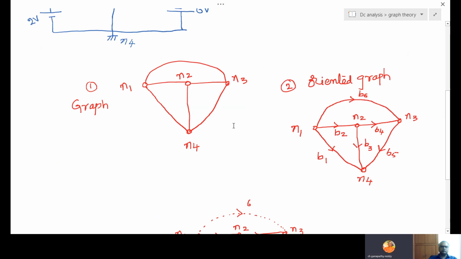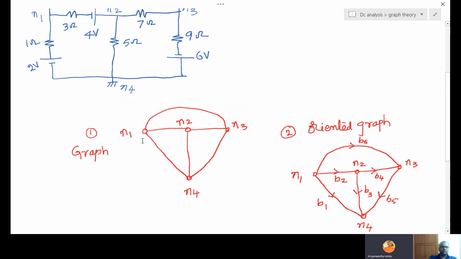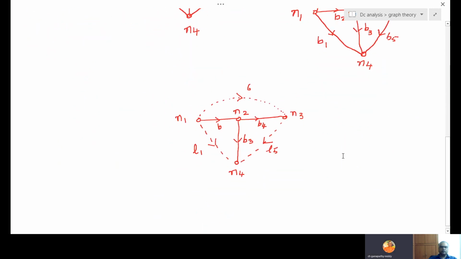Now the graph is same. Oriented graph also same. Tree also same. Third step, tree also same as previous. So up to this it is same.